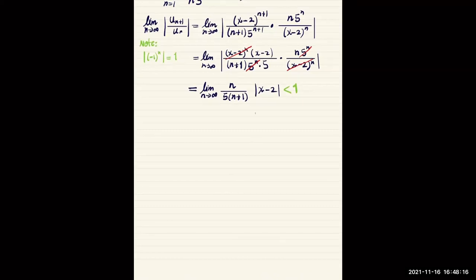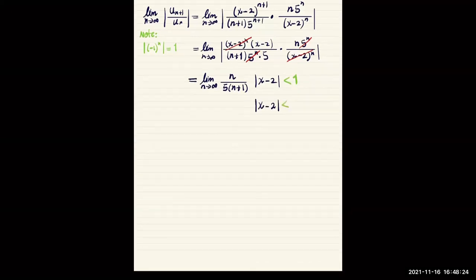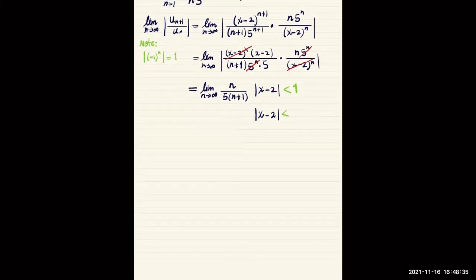Okay, so this would be absolute x minus 2. Again, to be consistent with what I did previously, this is less than, so you want to get rid of this fraction by multiplying by its reciprocal. It'll be 5 m plus 1 over n.